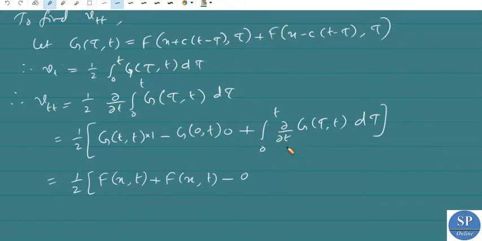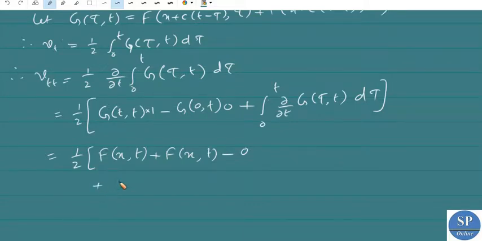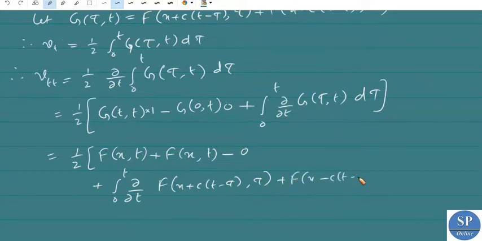Now plus the integral from 0 to t of ∂/∂t of G, that is f(x + c(t − τ), τ) + f(x − c(t − τ), τ), this is the new G, dτ.